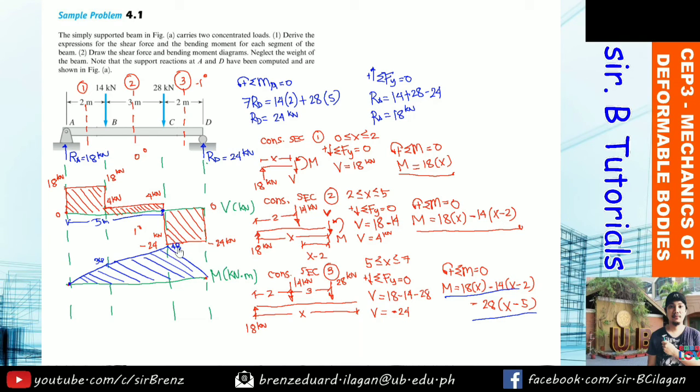Usually, in our next chapter, what we take are the maximum values, the maximum shear and the maximum moment. For moment, depending on the problem, you can design using the maximum positive moment or the maximum negative moment.